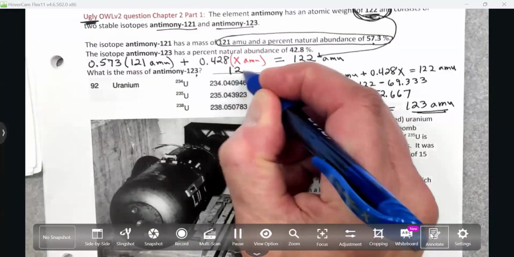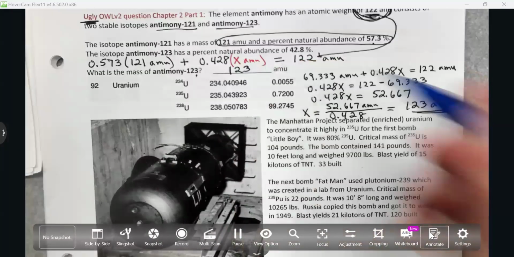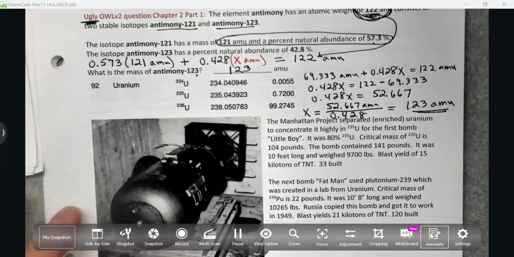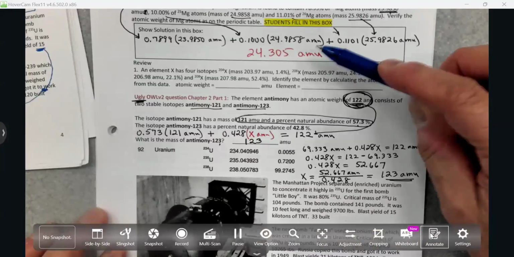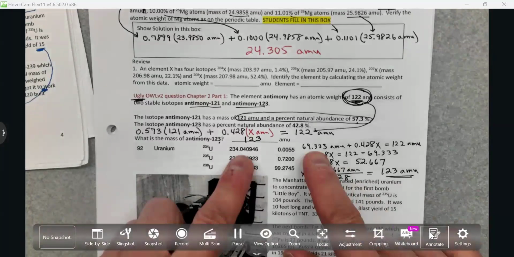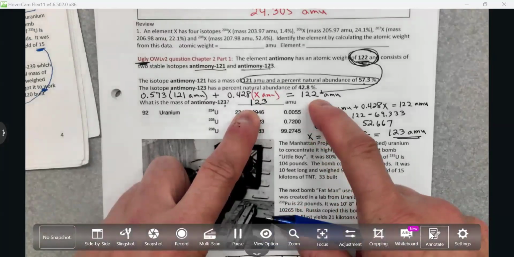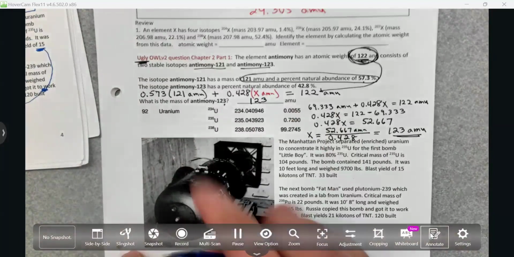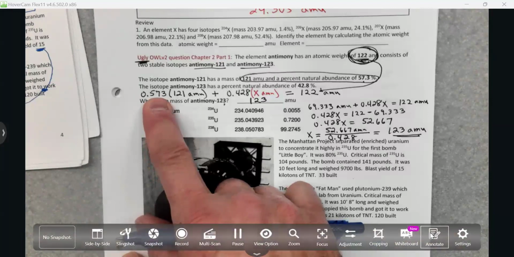So we get 123. So that's what that OWL question is looking for. So I'm sure you're going to calculate some weighted averages like this, but then it's going to actually give you the weighted average and have it calculate this. Or it could have you calculate a percent as well.